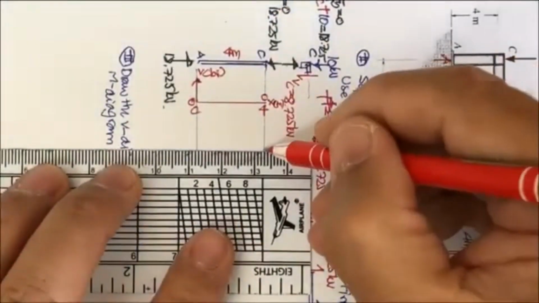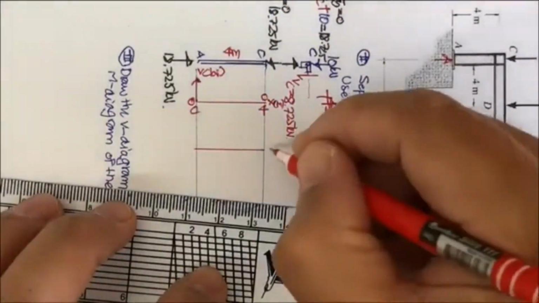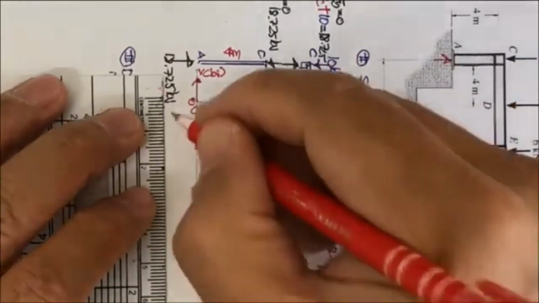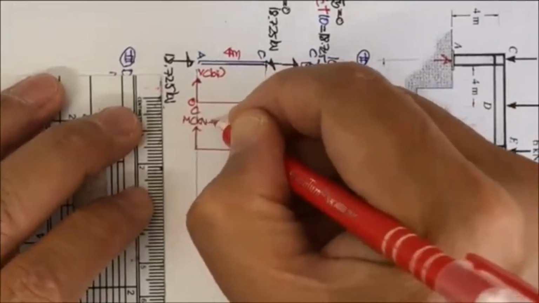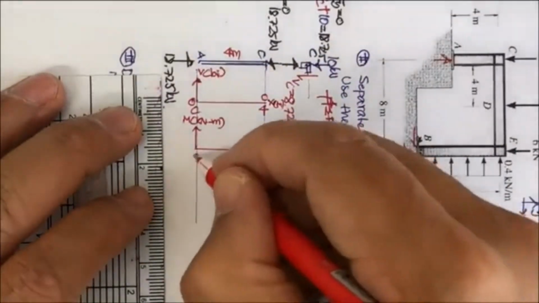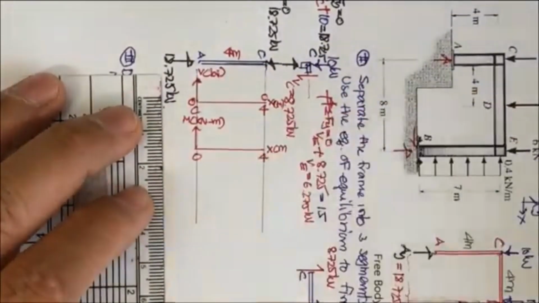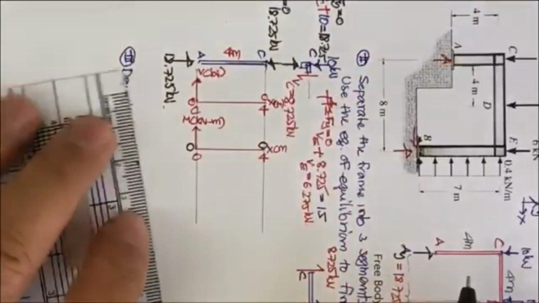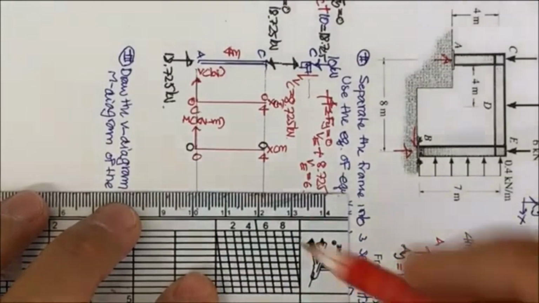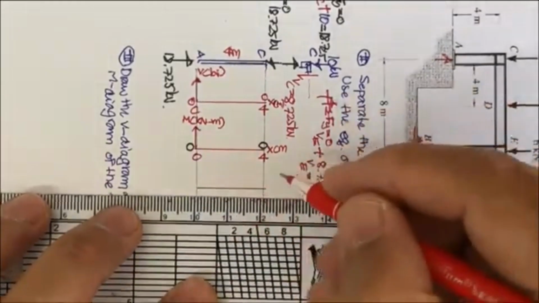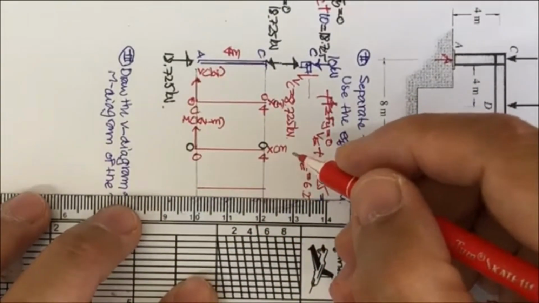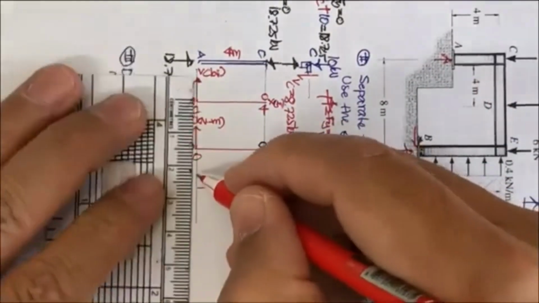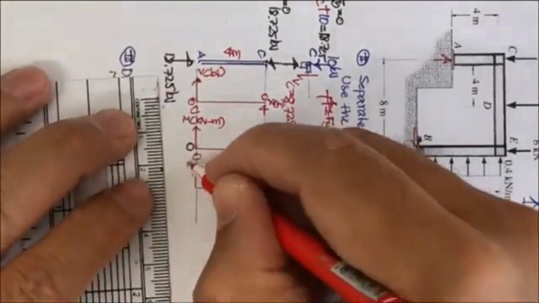And also, if you draw the moment diagram, this is going to be x meter, and this is going to be the M kilonewton meter, and this is 0 meter, and this is 4. What you get is the moment here also 0 kilonewton meter, and this is also 0.